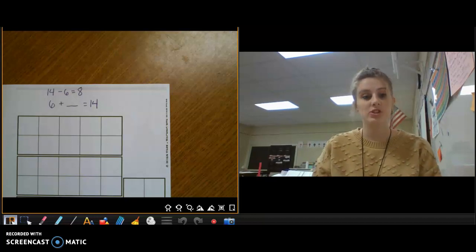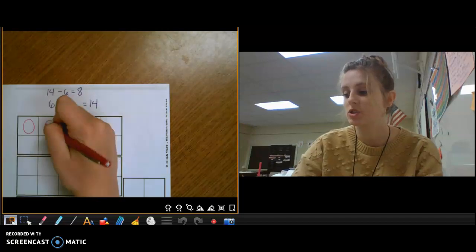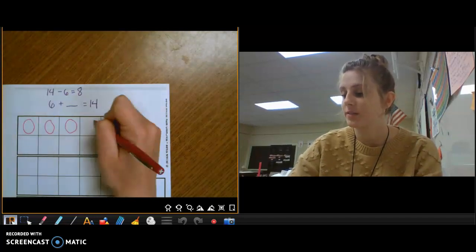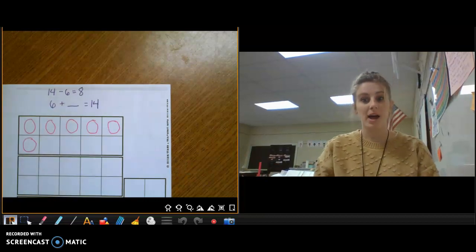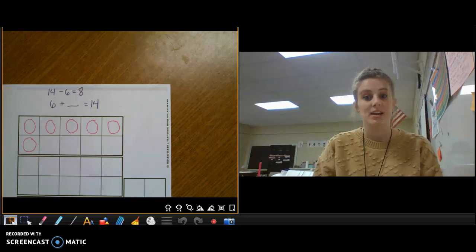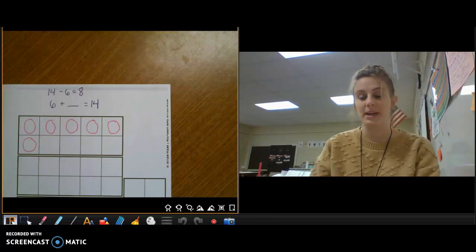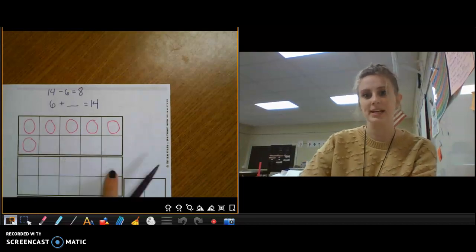So I'm going to start by drawing 6 of my circles. 1, 2, 3, 4, 5, 6. Now I need to count and see how many more I need to add to get to 14. So what I'm going to do is count up from here. So I'm starting right where I left off, right? I'm not starting in my next tens frame.